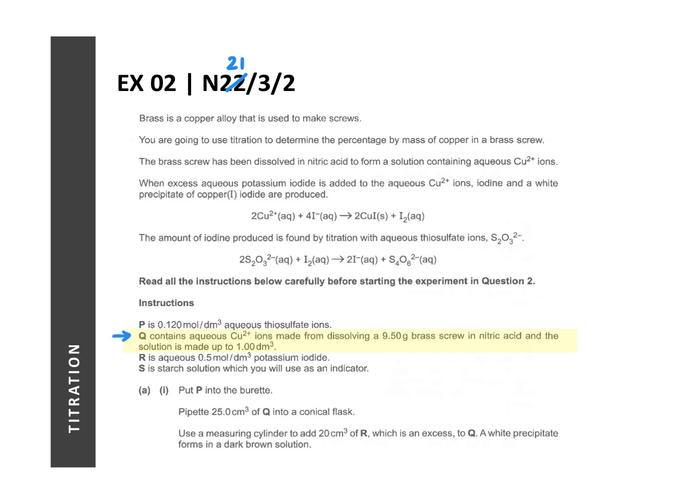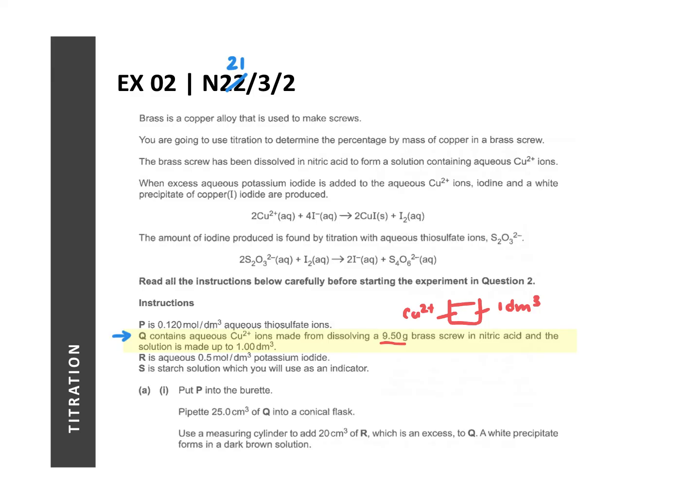So we learned that solution Q actually contains copper 2 ions. How do we get it? By dissolving a screw of this particular mass in nitric acid, and the solution is made up to 1 dm cube. So there was actually 1 dm cube, which is again 1000 centimeter cube of copper 2 ions.